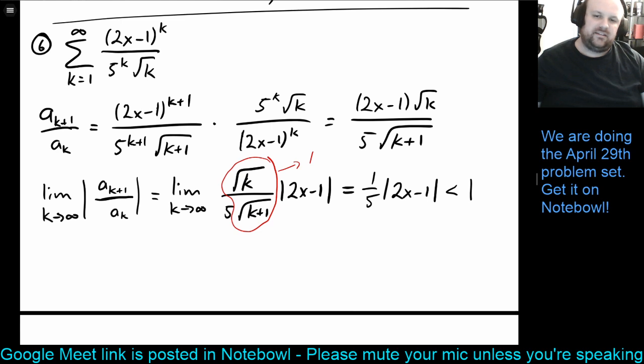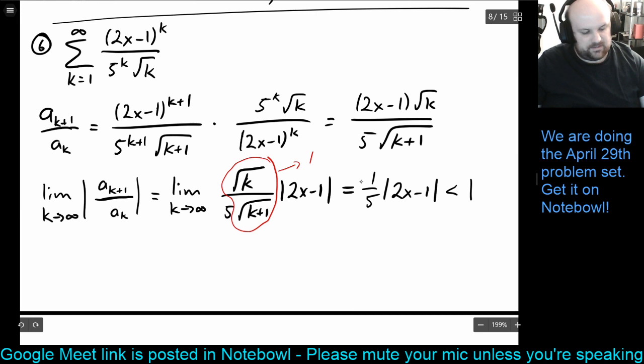So take a minute to try and figure out what the radius of convergence is here. The radius is not 1. If you can figure it out, do something with this.